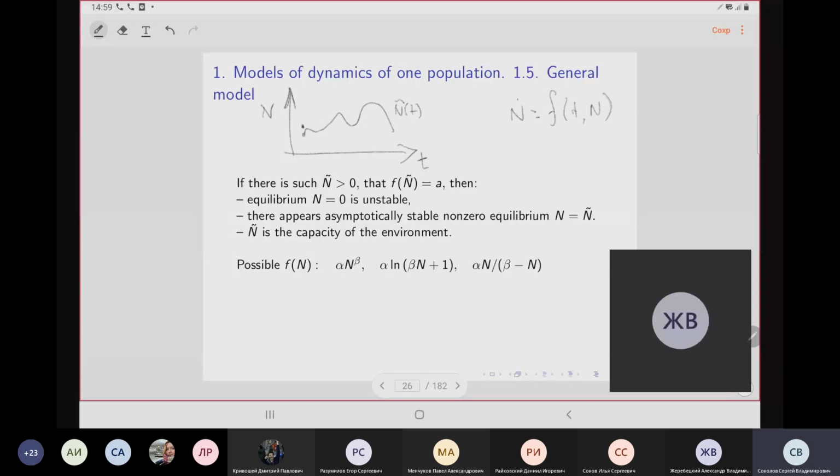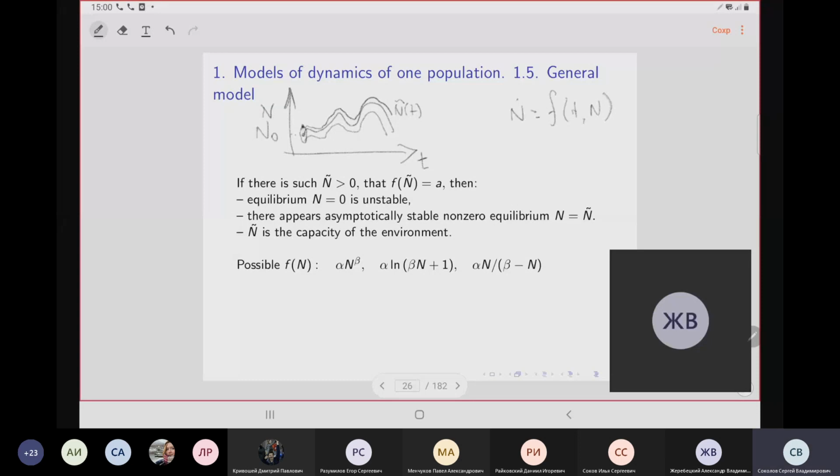If the solution starts in some neighborhood of the initial value, n of t0, and all the solutions starting from this neighborhood stay close enough for all time, then we say that the solution n is stable.